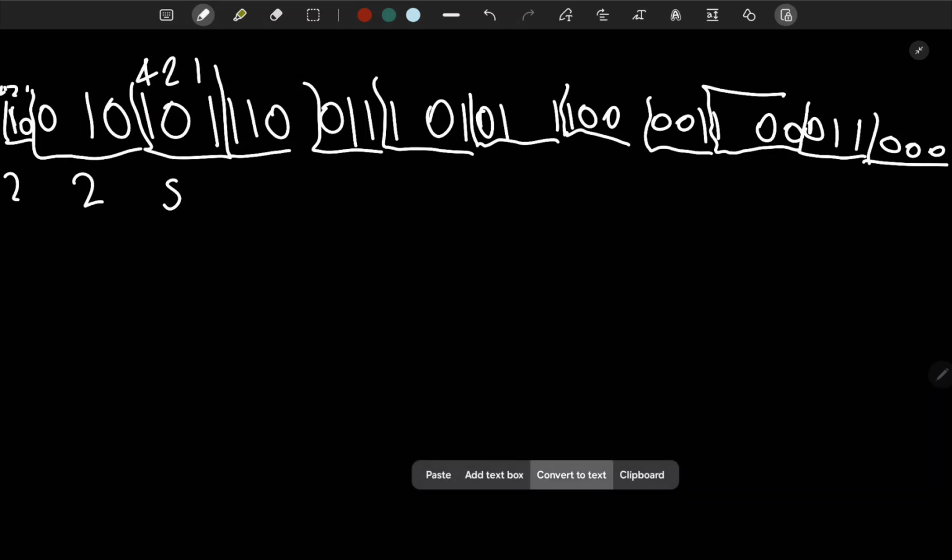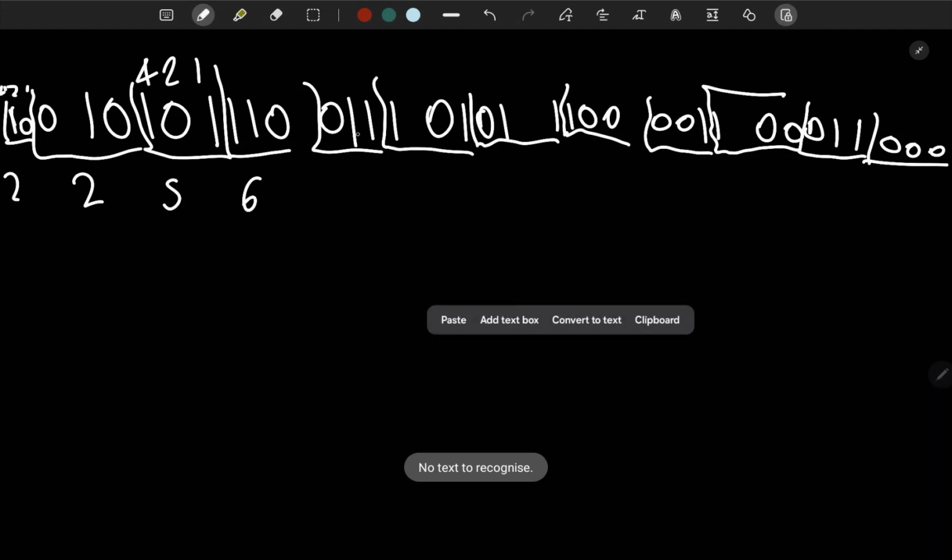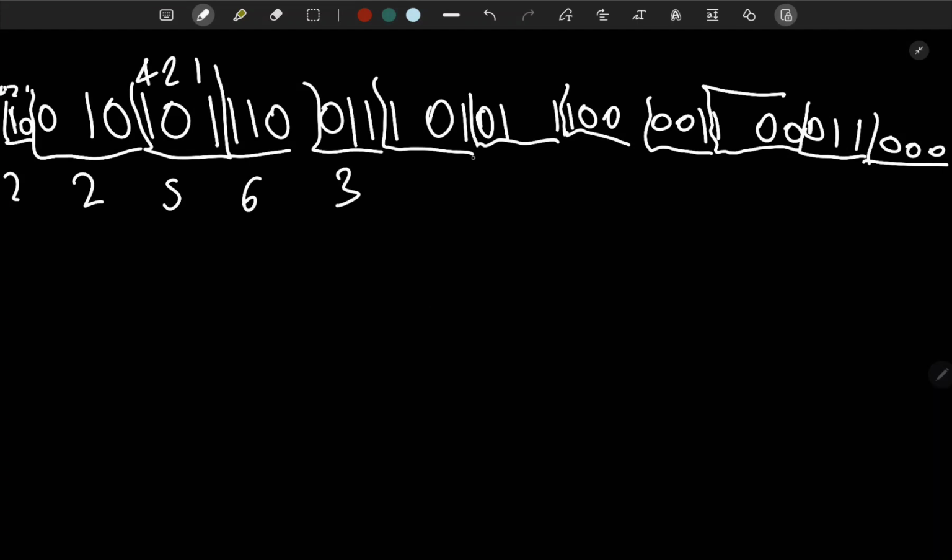So it's just 4 plus 1. Here is going to be 4 plus 2, 6. This is going to be 2 plus 1, which is 3. And here is 4 plus 1 again, 5. It's just 3, 1, 2 plus 1, 4, 1, 4, 3, and 0. So this is the final answer.